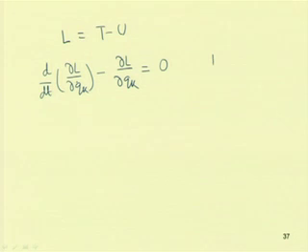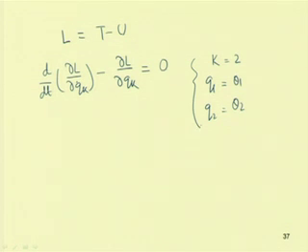So, here k equal to 2. So, we have a 2 degree of freedom system. So, q1 equal to theta 1 and q2 equal to theta 2. In this case it may be noted that we have a 2 degree of freedom system, unlike in case of the simple pendulum.